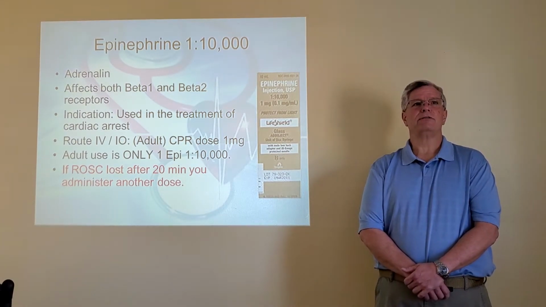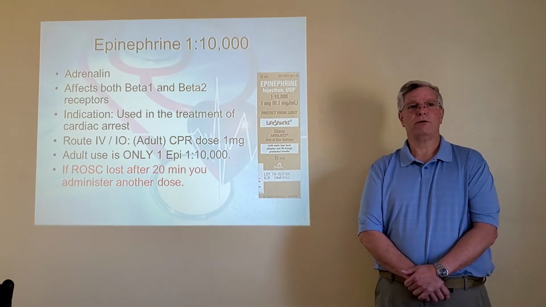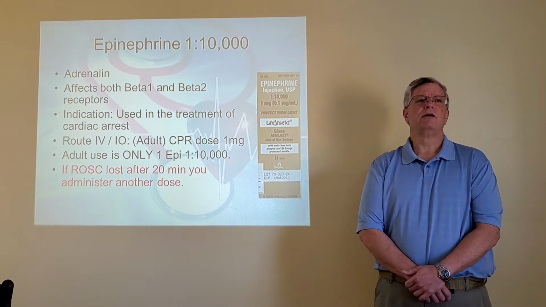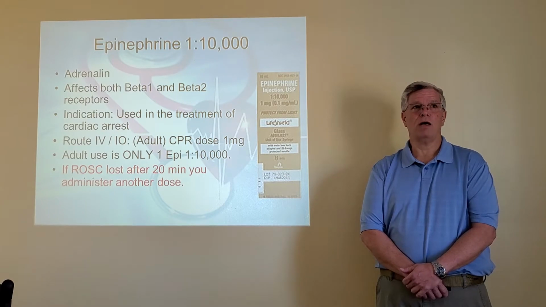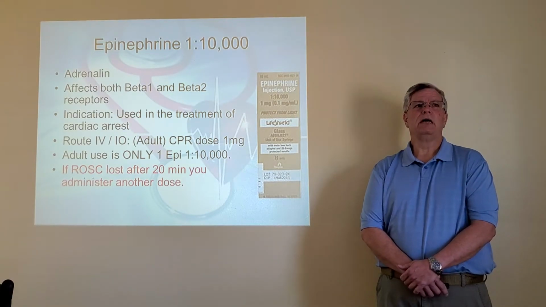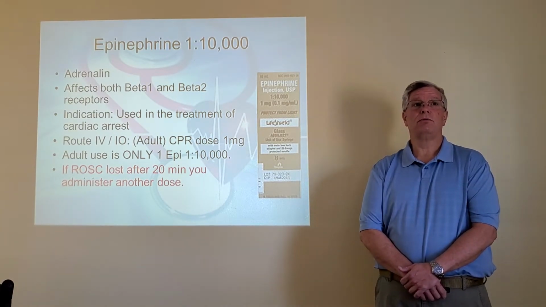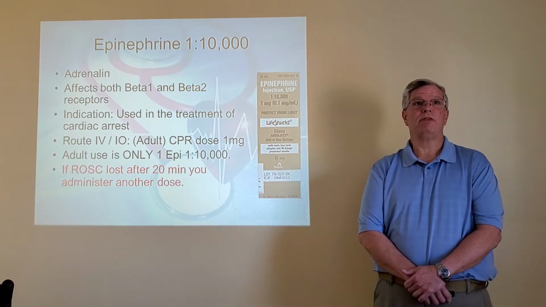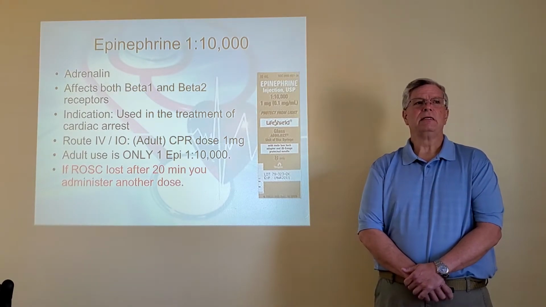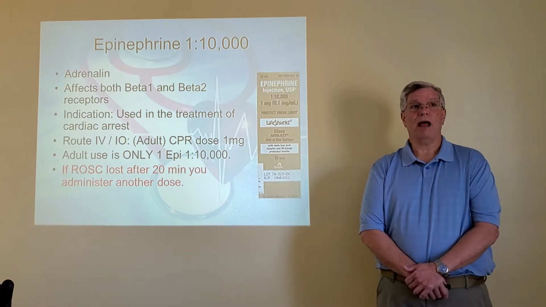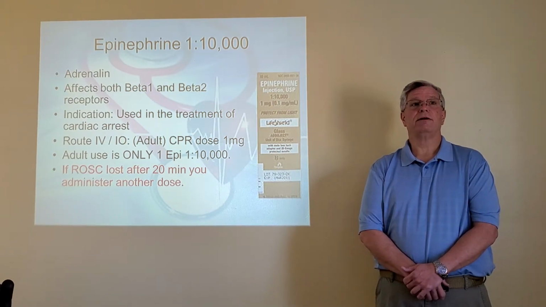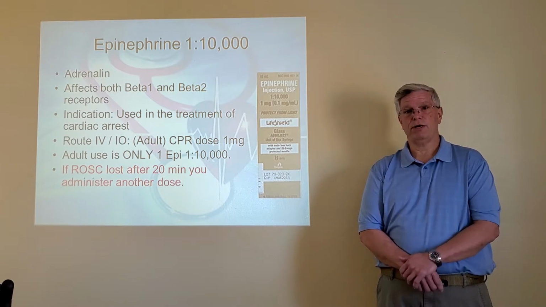We were in a year-long study with this, seeing extremely good results of having ROSC in patients. Use 1 whole milligram of this in cardiac arrest. If ROSC is lost after 20 minutes, you may administer another dose.